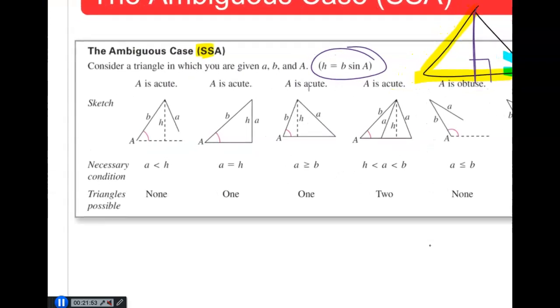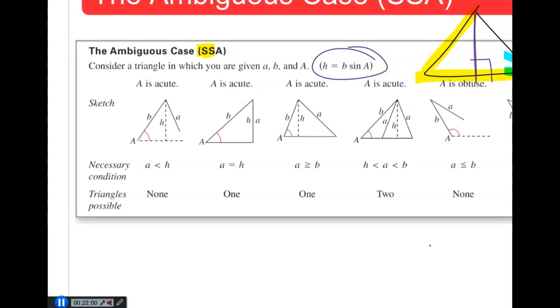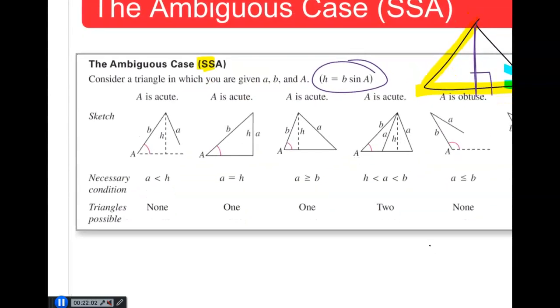So if you compare one of the sides, side A, to the height, and side A is smaller, or the height is larger than side A, then that is when you will have no triangle. There will be no solution. And you can see on the picture that the sides do not connect.